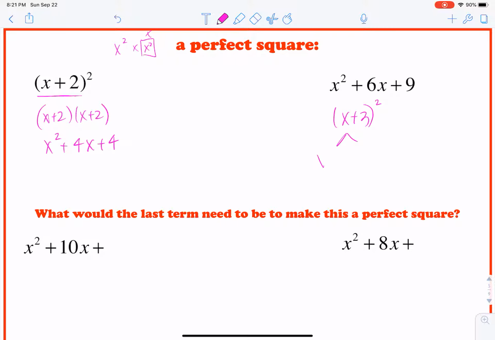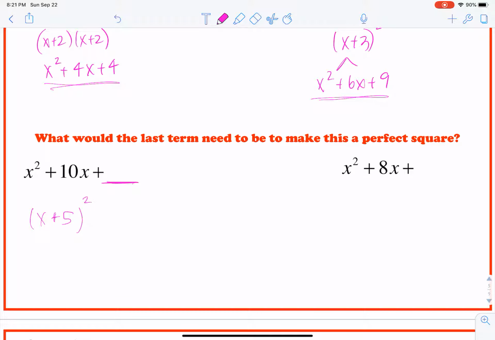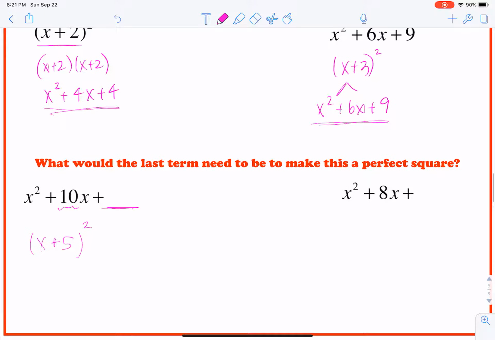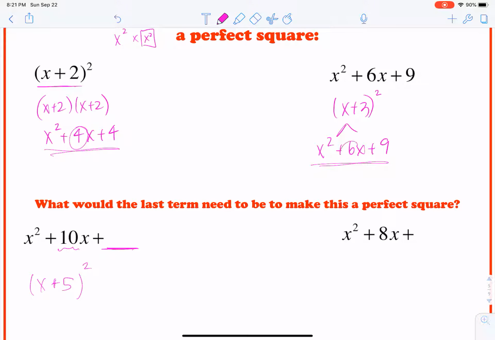And then I can go ahead and expand, which gives me what I started with, x squared plus 6x plus 9. So looking at these perfect squares up here, what would the last term need to be in order to make this a perfect square? So thinking about what this would look like in that perfect square set of parentheses, this would be x plus 5 squared. Because the only way that I would get this 10 is the same way that I got this 4 right here, or this 6 right here, and it's by adding up this 2 and this 3 together.